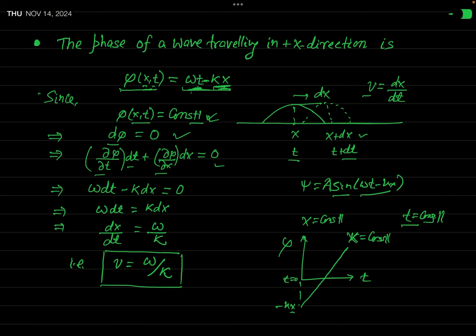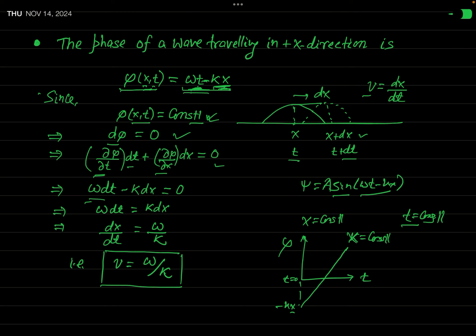But see, phi of x,t equals omega t minus kx. So from this result, what will be del phi by del t? This will be simply omega, because in that condition we have to keep x constant. And del phi by del x will be simply minus k.